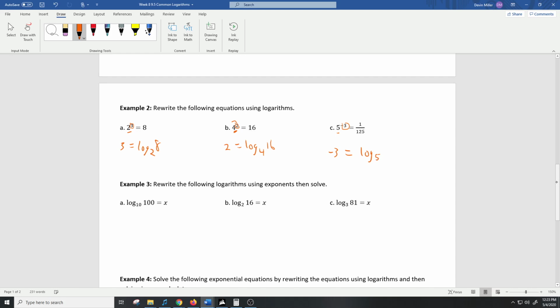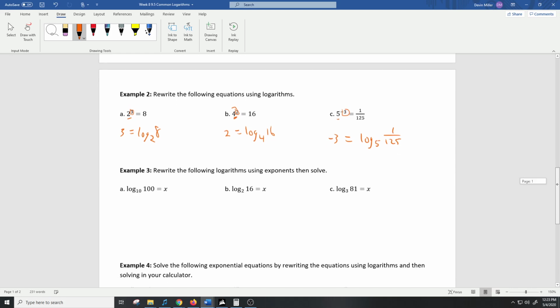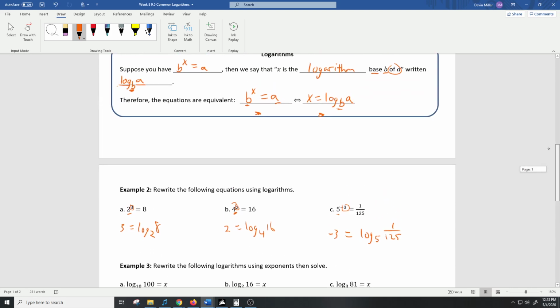Is 5 of, that's going to be kind of hard to write, 1 over 125. Just practicing writing from one way to the other way. And you notice where the x is up here? That's where the x is over here. You just match the letters up. And then we write equals log all the time, then the b's match, and then finally the a's. That's all we're doing.